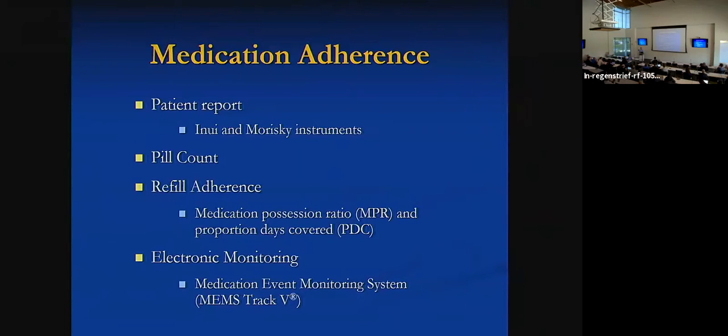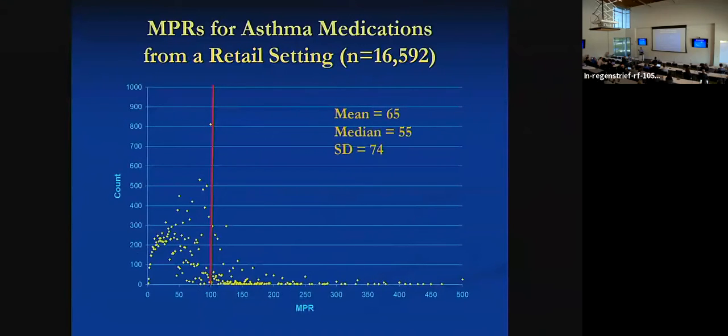Could be a single drug that we look at, or if it's a category of drugs we might be interested in, like cardiovascular drugs, we'll collapse those into one type of estimate. And then electronic monitoring is an approach that we've used in the past, and I'll show you an example of that.